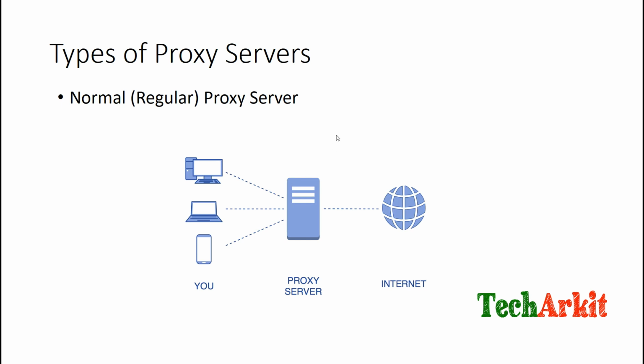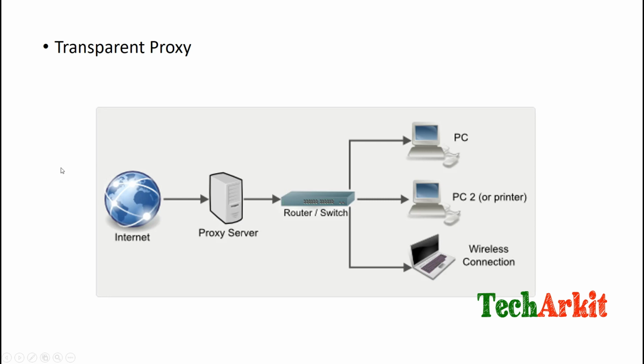If you take another type of proxy server, that is called a transparent proxy. The transparent proxy is the server where you need no settings on the client side. This proxy server is also used for caching, web filtering, and as a gateway server.